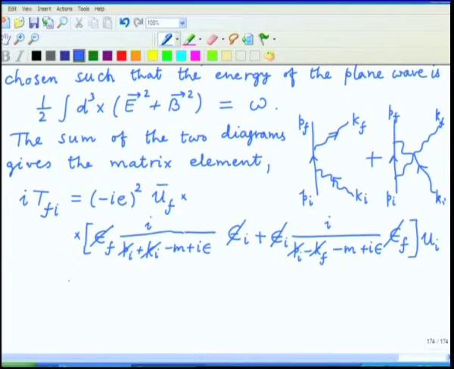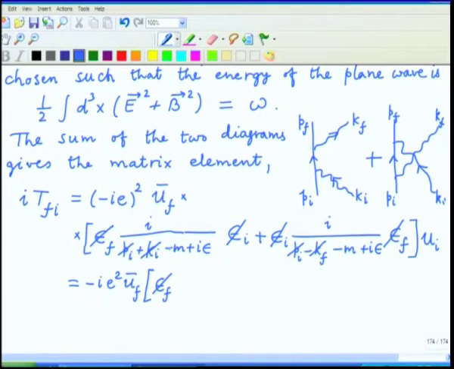We can still simplify this calculation a little bit more. So, first, all the factors of i can be combined, and that gives minus i square u bar f, and the denominators can be rationalized. So, all the gamma matrices now come in the numerator, and the calculations will become simple for taking all the traces of the gamma matrices.